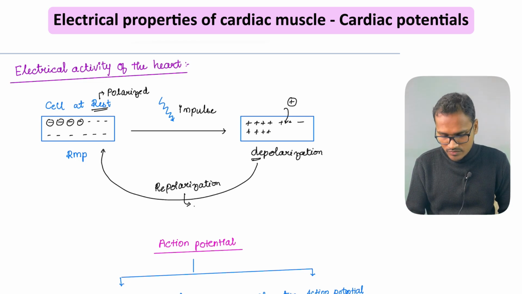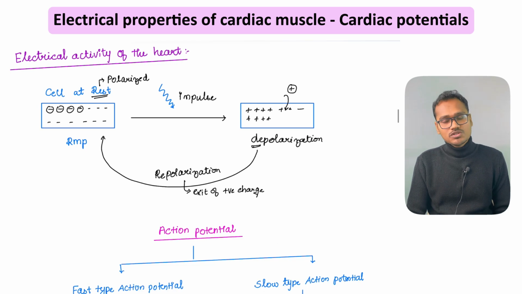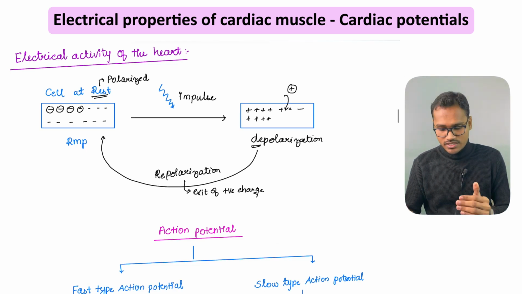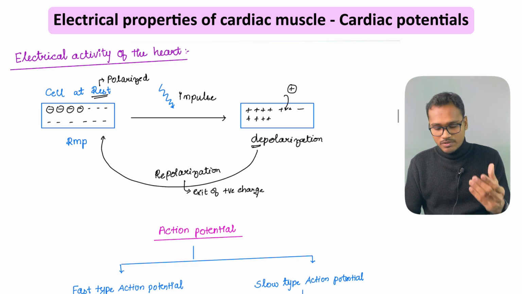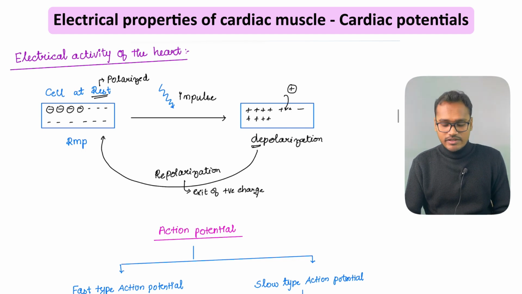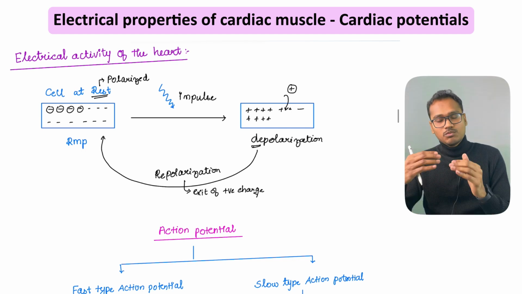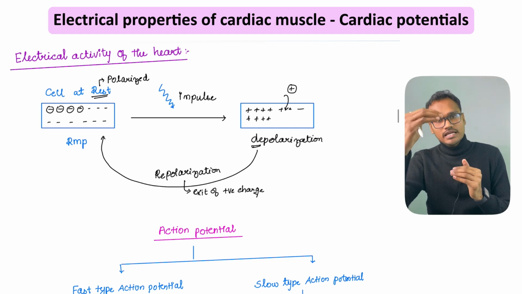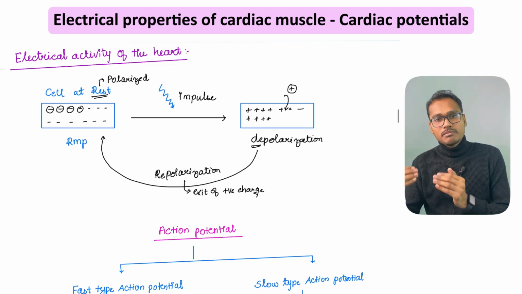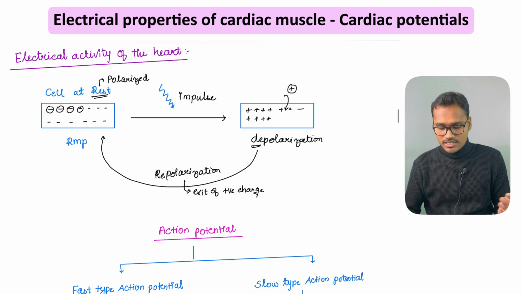That's why I'm mentioning this, because we have to know the ion channels which are entering and exiting. Depolarization means it is going towards positive. Repolarization means it is coming back towards its baseline, that is the RMP.